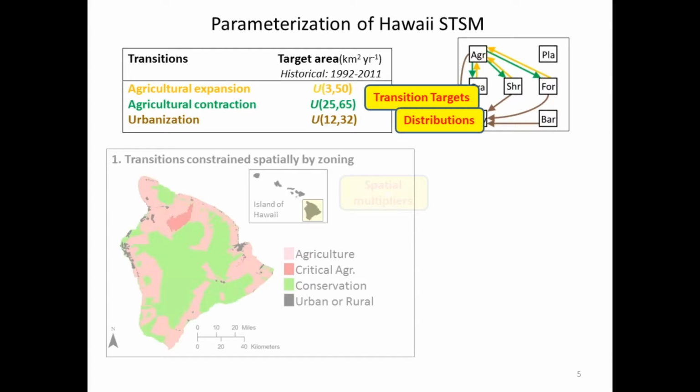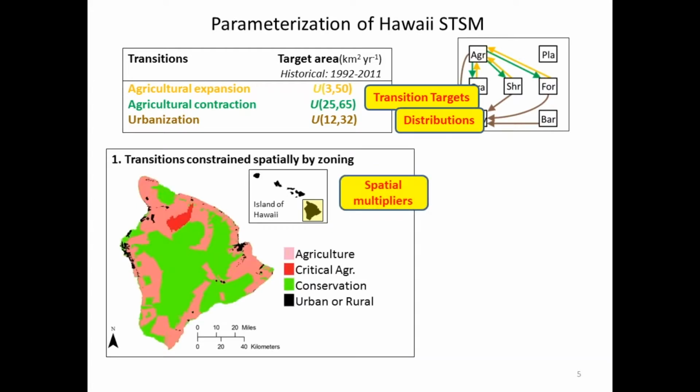We also, for some of the transitions, constrained where they could occur spatially using the spatial multiplier feature. And so we had this kind of map, a zoning map for the state. And so we knew which different activities could take place.